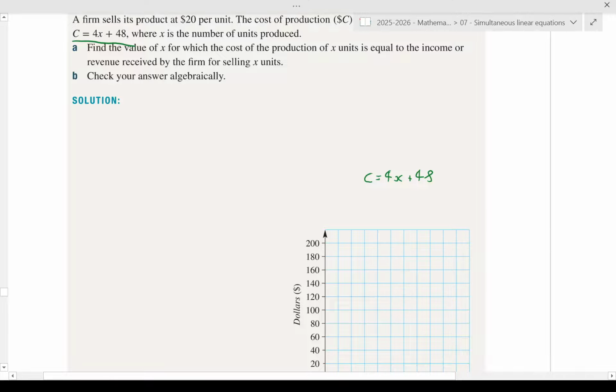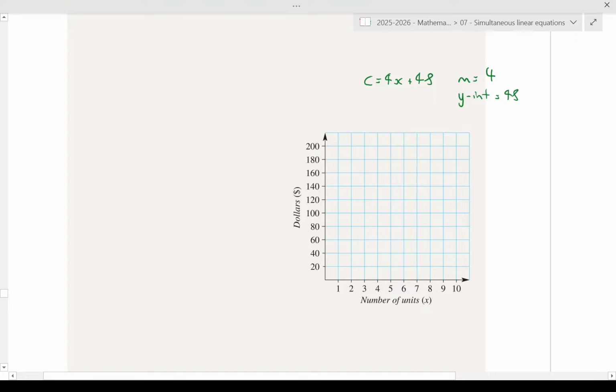So what we need to do is work out what our gradient and our y-intercept are, same as we've been doing the whole time. Gradient in this one is 4, y-intercept is 48. Let's graph that one now. We're starting off with our y-intercept at 48, and then we're going up by 4 every time. Now, if I sell 10 of them, I'm going up by 40.